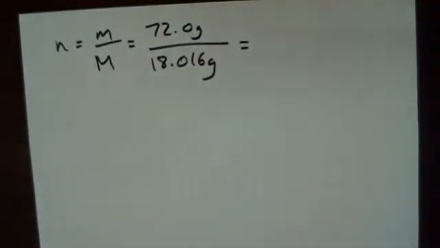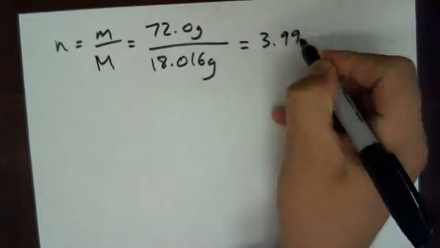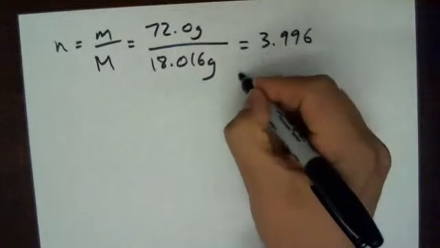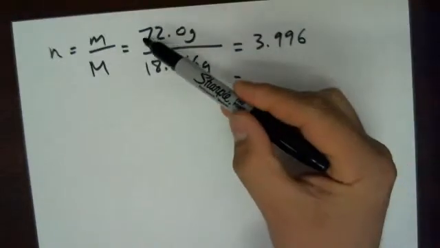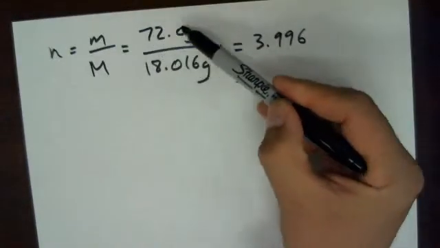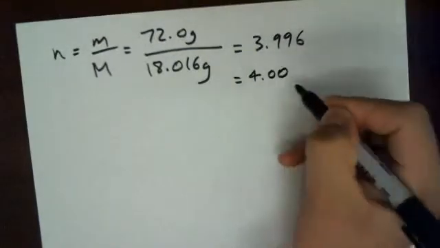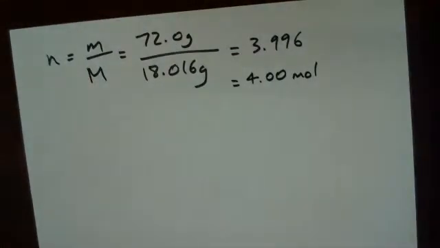And this will equal 3.996, which is really equal to, we want to go to 3 significant figures because the question reported the mass in 3 significant figures, and so this is really 4.00 mole to 3 sig figs.